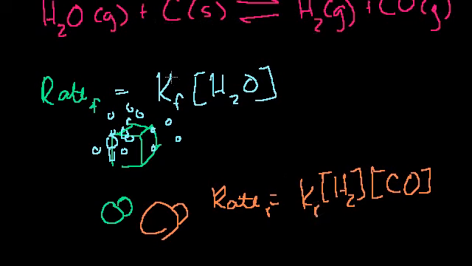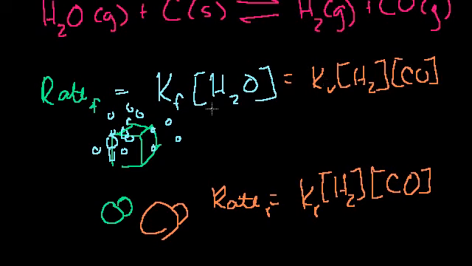This is an R right here. So the forward rate is going to be equal to the reverse rate of reaction, H2 times carbon dioxide. Divide both sides by the k's, both sides by the H2O, and you get the forward constant divided by the reverse constant, I'm just dividing both sides by that, is equal to this, is equal to that.